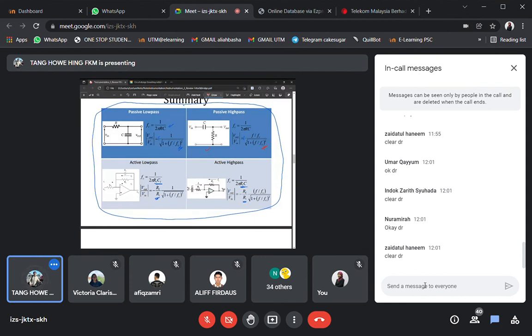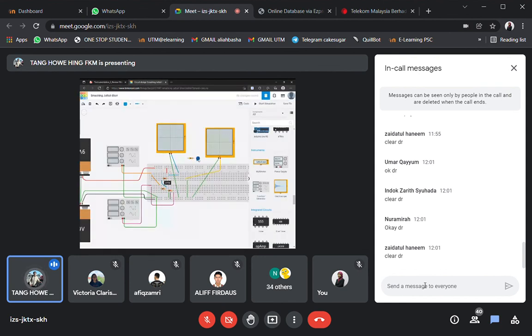So here there is a capacitor. The capacitor has to be connected to the input over here. Okay, I'll just rotate this one. So the capacitor is connected to here, and then the resistor will be connected to here.